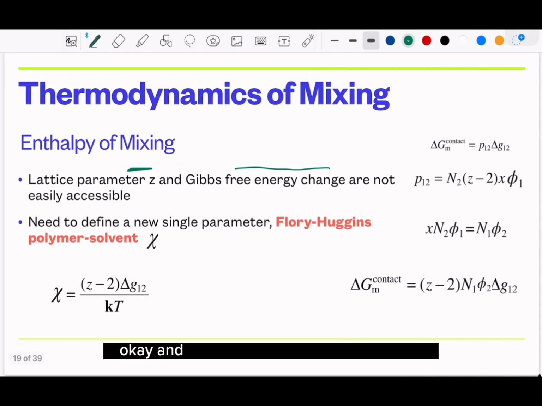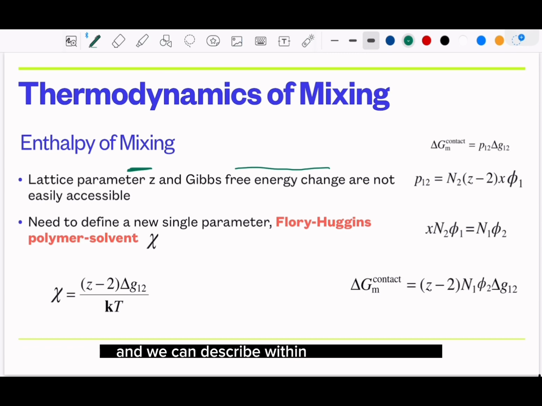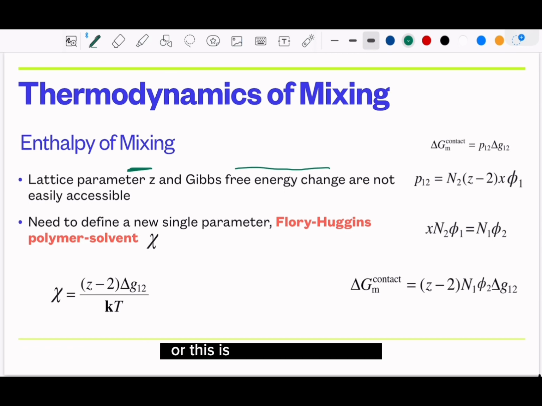Okay, and then we simplify all formula here, and this is also our assumptions as before. Okay, this is before we say that this is going to be equal in volume for 1 and 2, and we can describe within this delta G contact, okay, or this is actually the delta H, the enthalpy. Okay.